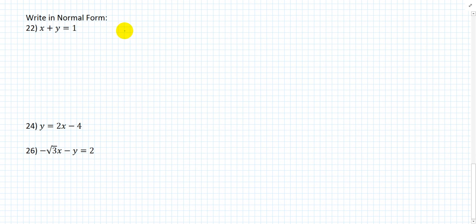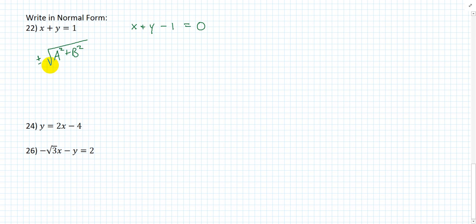The first thing that we need to do is put this in standard form, which means we have to have the 1 over here and it has to be equal to 0. So you want to do that first. And then what you're going to do is divide each one of these terms by a squared plus b squared, and we take the square root of that.